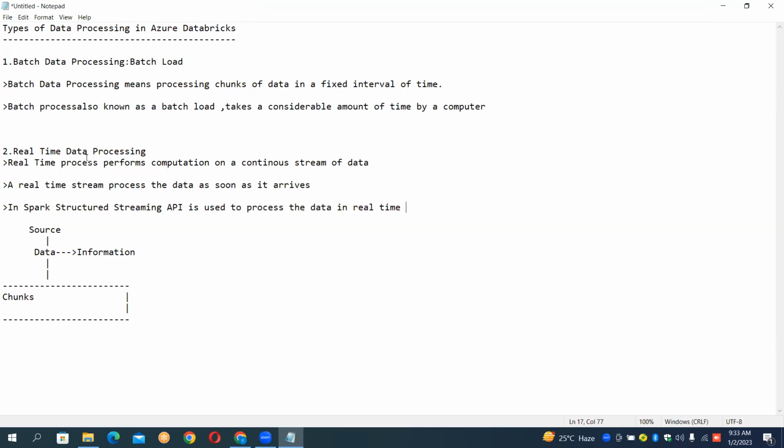Okay, in Spark structured streaming, the API is used to process the data in real time. Okay, guys.